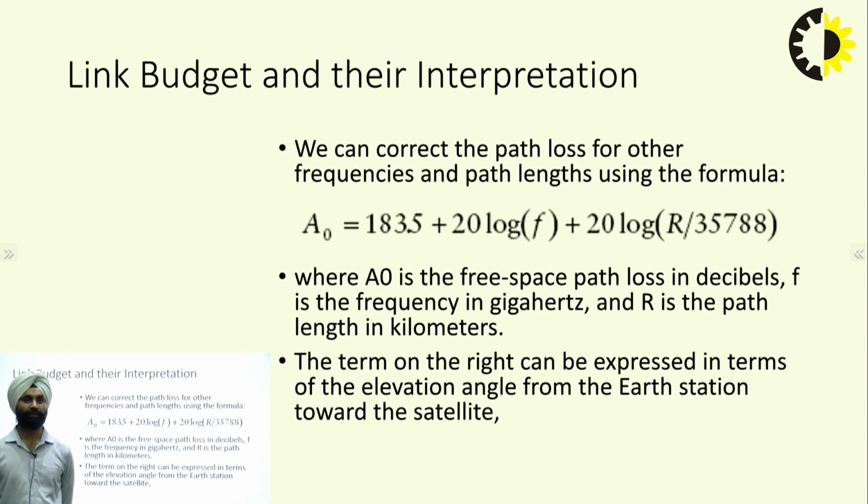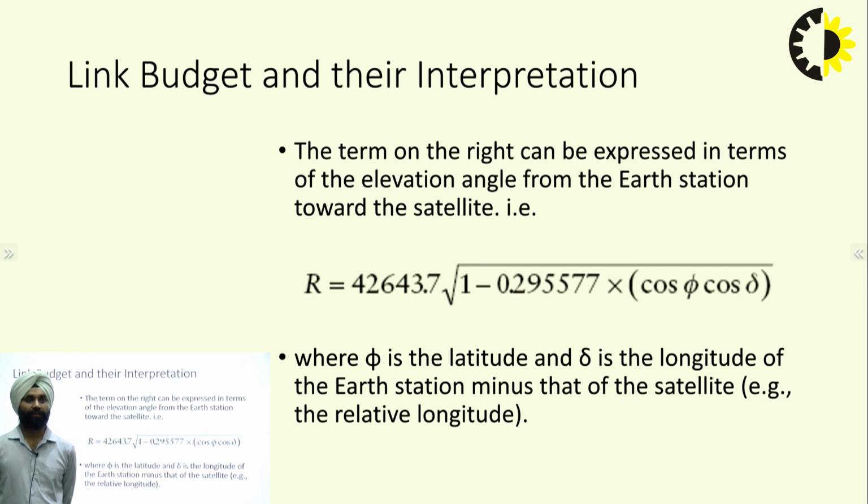The term on the right can be expressed in terms of the elevation angle of the earth station toward the satellite. So r is equal to the total radius of the geostationary satellite divided by 1 minus the cosine of the angle between the satellite and the earth station at the center of the earth.